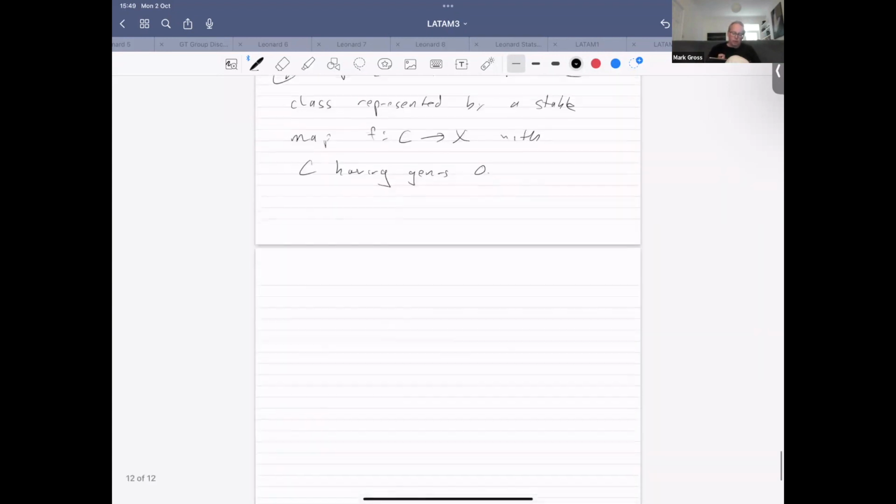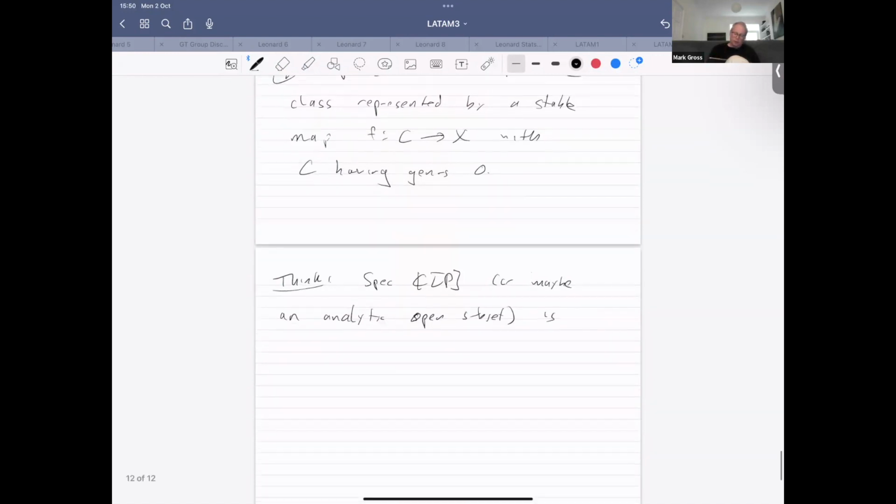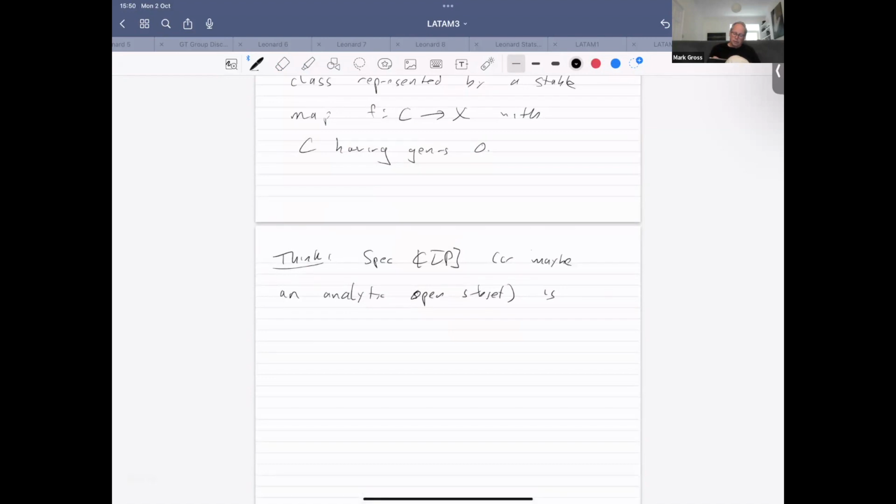So here we should think spec C bracket P is, or maybe an open subset, an analytic open subset, is the Kähler moduli space of X.